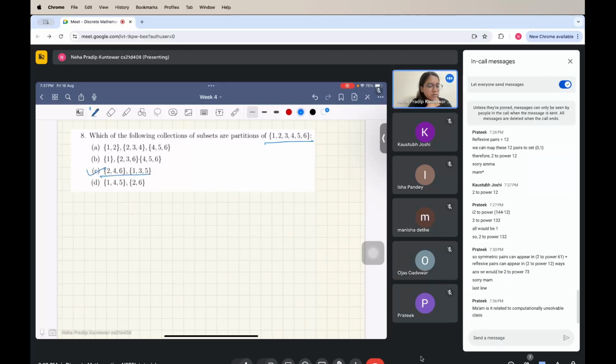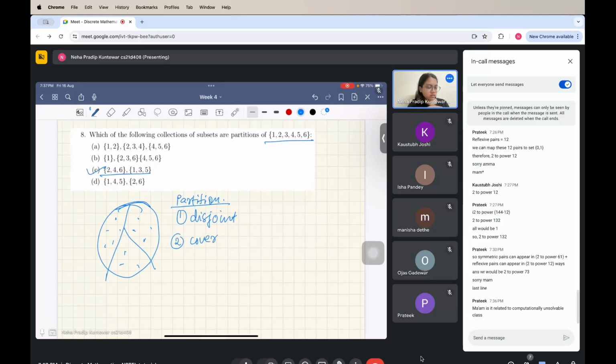This is option C, because when you say a partition, you're essentially dividing it into parts such that they're all disjoint. A partition says that the parts are disjoint, and the second point is, if you take a union of them, they should cover all the elements in the set.